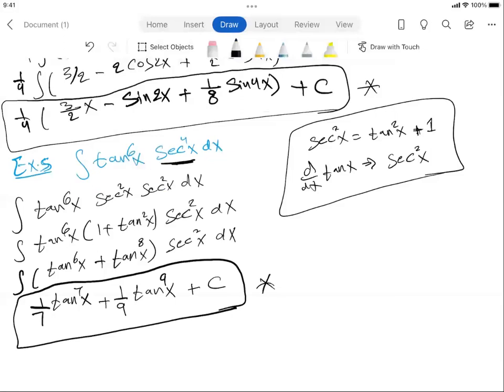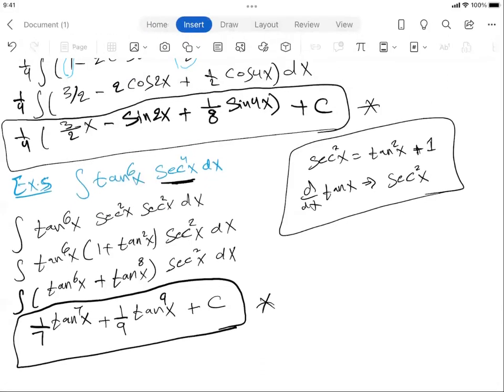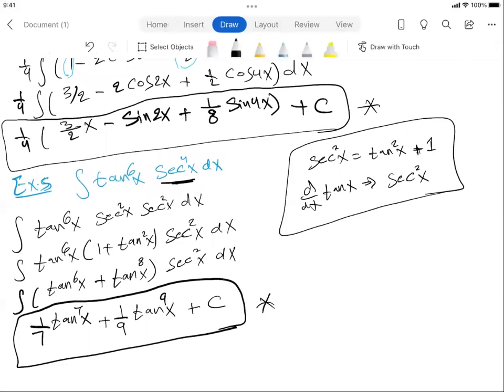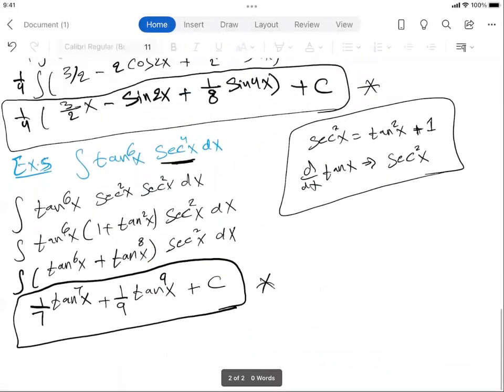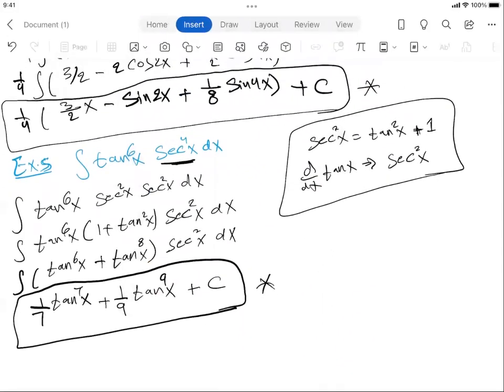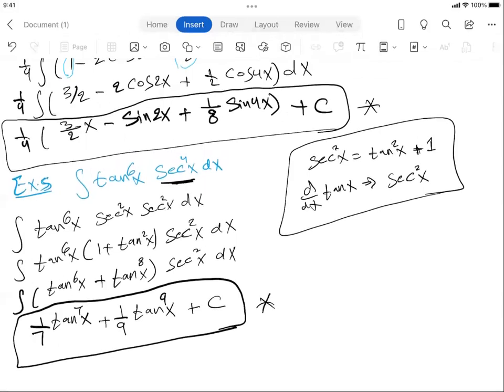Okay. Yeah, let's move to the next example. Okay, for some reason this is not allowing me to insert a new page. Okay.